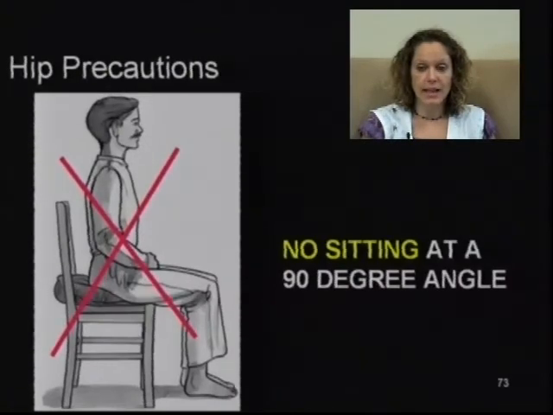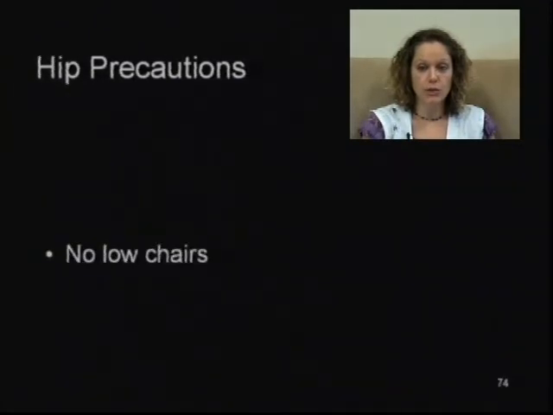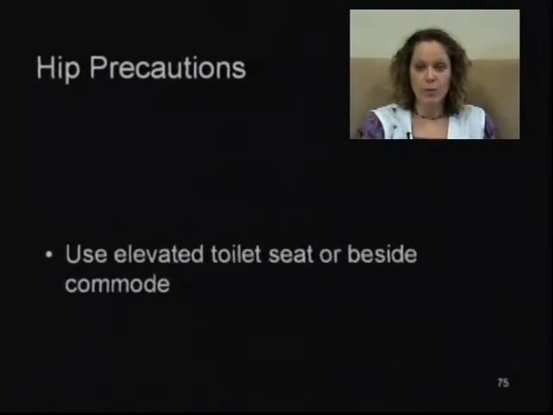So no sitting at 90 degrees. Here we can see an example of that. So we want to make sure that we use chairs that are raised. So we don't want to use low chairs. And we want to use elevated toilet seats or bedside commodes to help keep the patient up so that they don't have to sit at this low 90-degree angle.